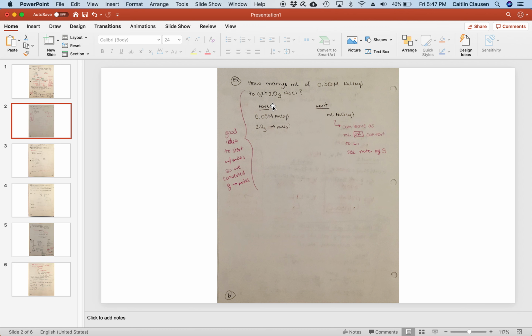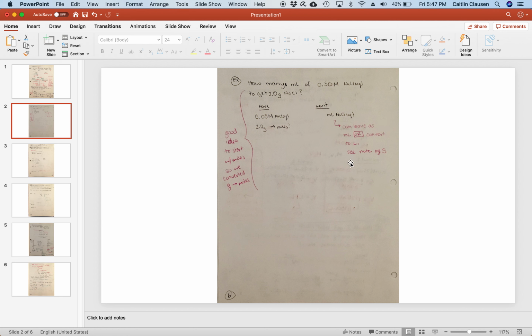So now instead of being asked to get to moles, we're being asked to get to grams, so there's an extra step in this problem. We always, however, want to start with getting to moles. So we're going to ignore the grams for right now.